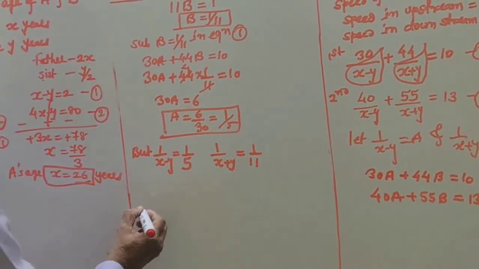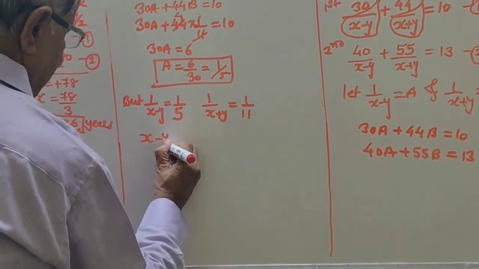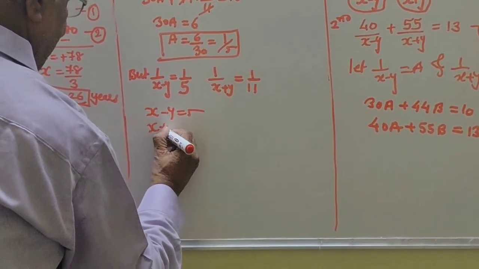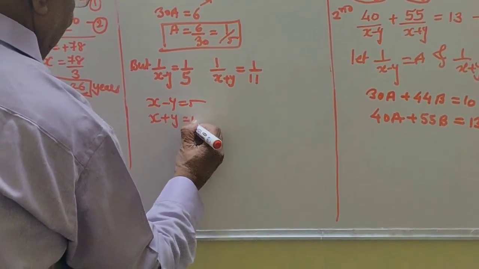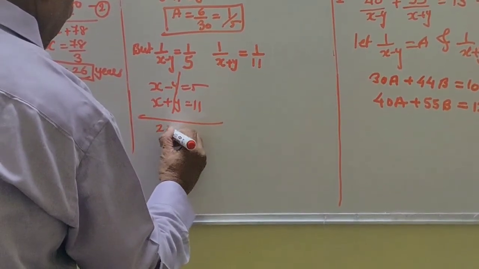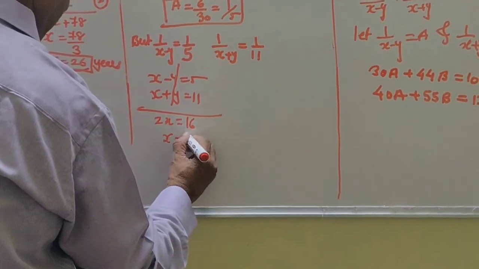Okay. Now by simplifying this equation again I will get the two equations. x minus y is equal to 5 and x plus y is equal to 11. Again I will apply the elimination method. 2x is equal to 16. So x is equal to 8.